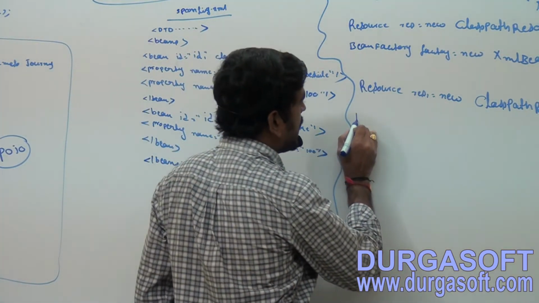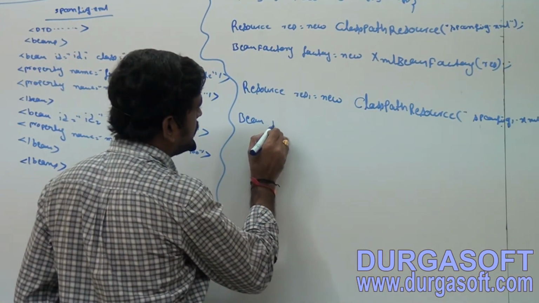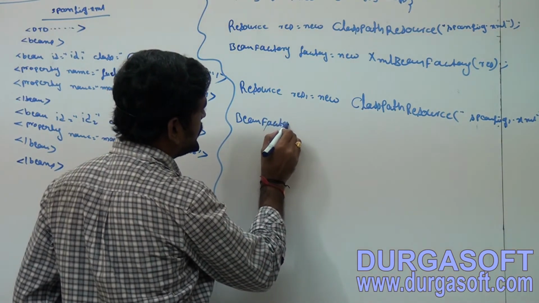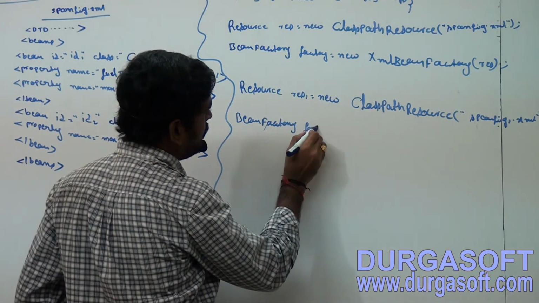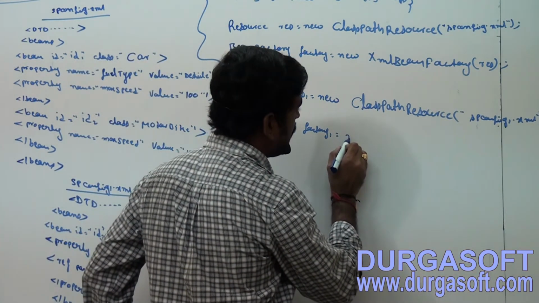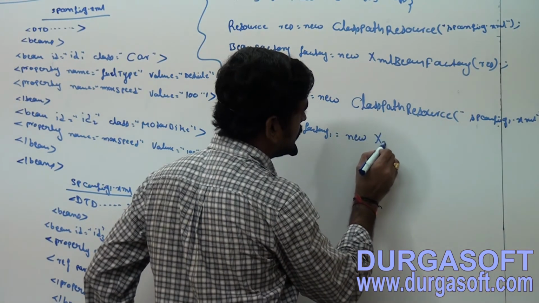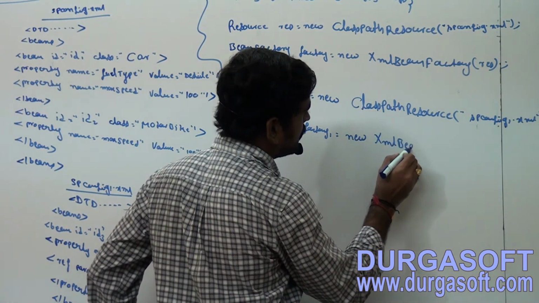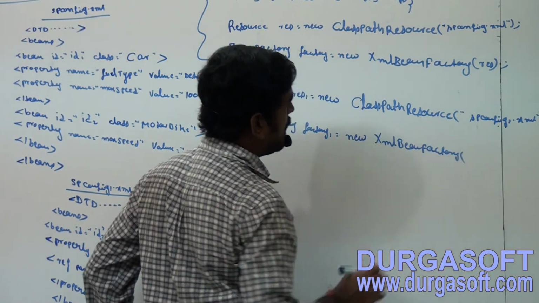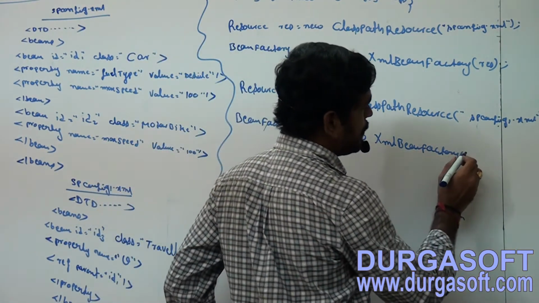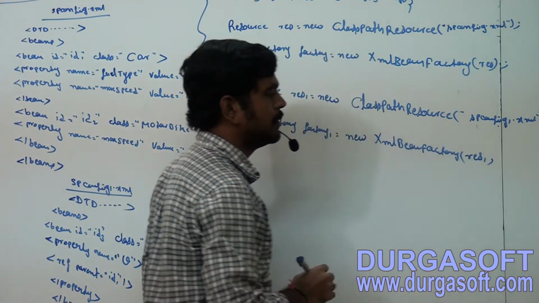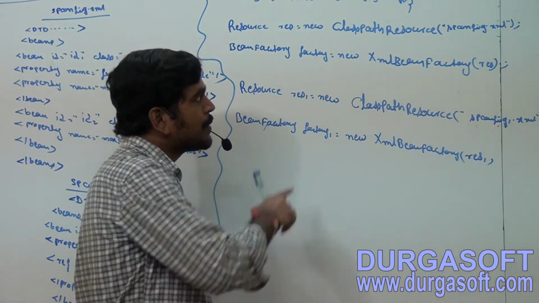The next, BeanFactory factory1 is equal to new XmlBeanFactory. Now what do we have to pass here? res1, and factory.